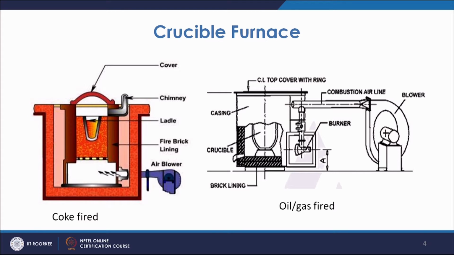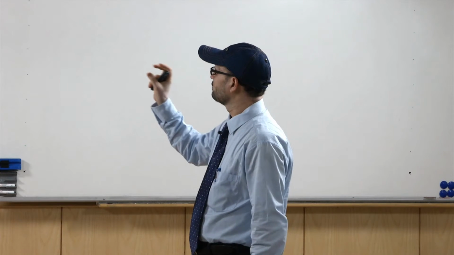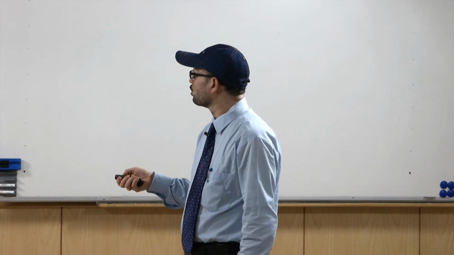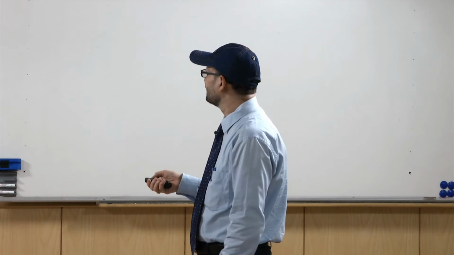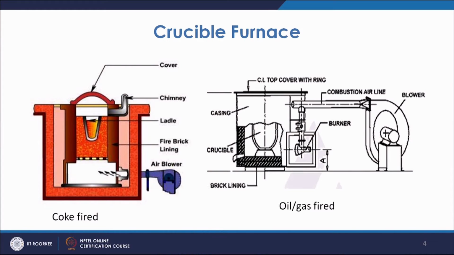So, it is based on the type of fuel used. If the fuel used is coke, it is a coke fired crucible furnace, and if you use oil or gas, it is an oil or gas fired crucible furnace. In these cases the crucible has the scrap or metal to be melted put in it. You have the coke kept here, and after removing some of the coke, you insert the crucible into it.